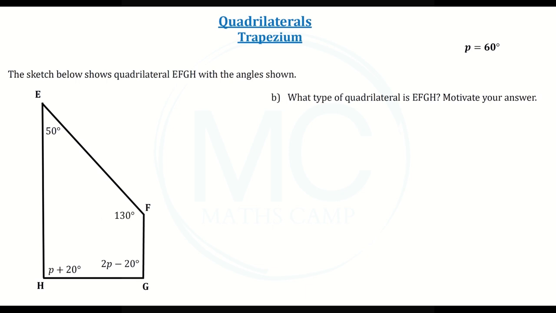Now let's look for angle G. We can see that angle G is equal to 2P minus 20 degrees.